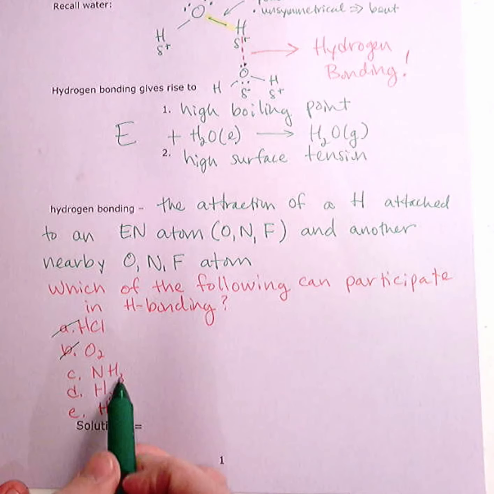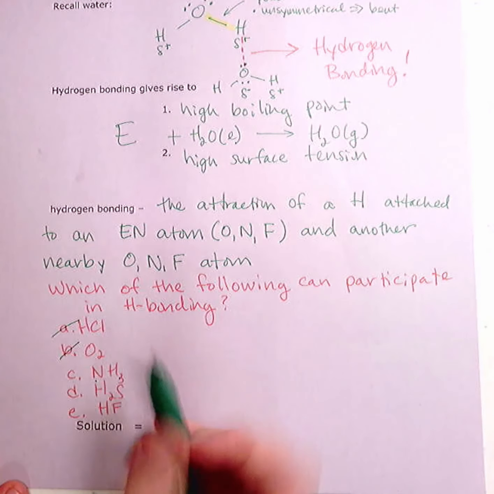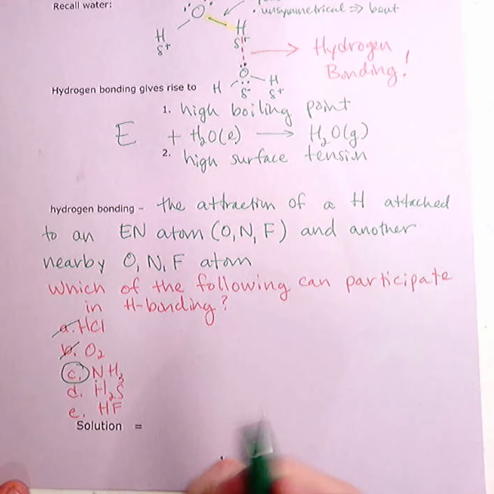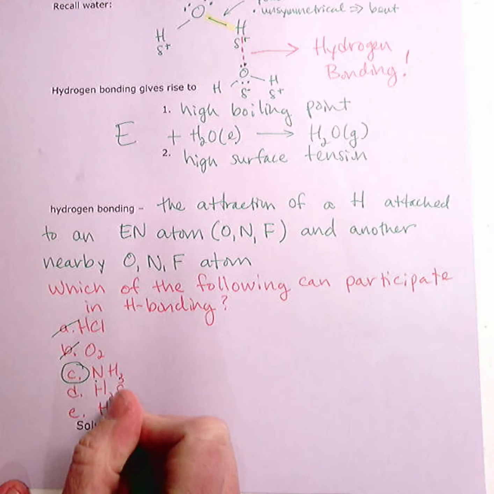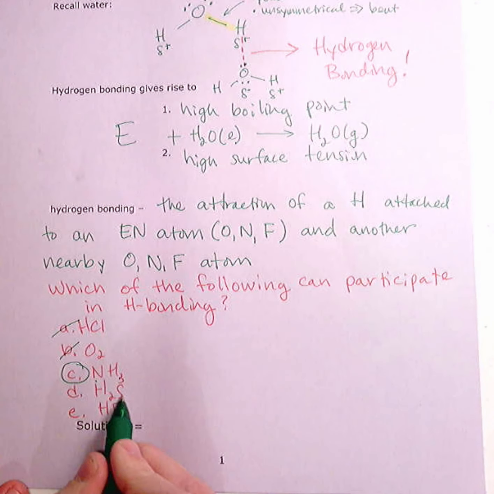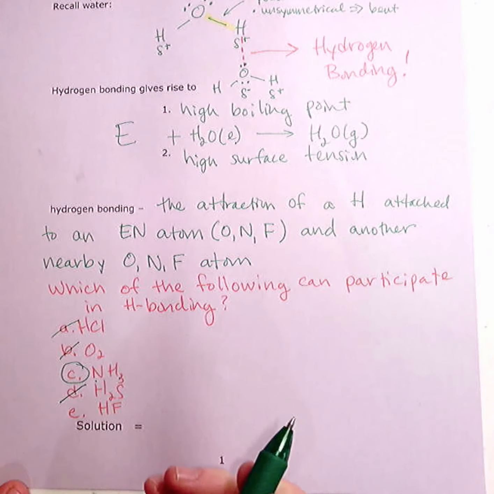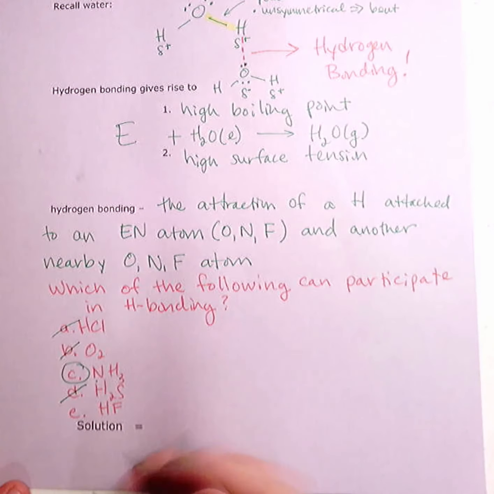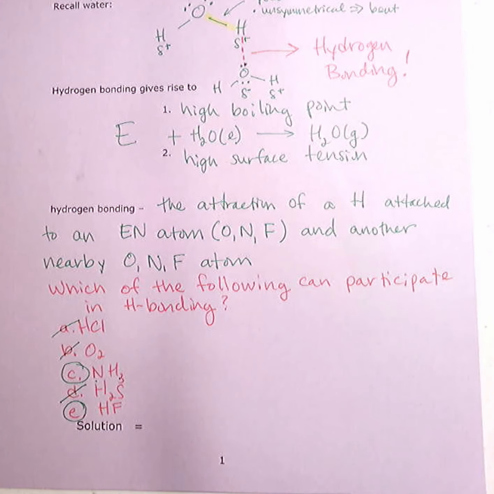C has a hydrogen and it has a nitrogen, so that satisfies the criteria, so yes. D, H2S, if it were anything other than S, but it's not, so you can eliminate that. And then E, HF, yes, that satisfies the hydrogen bonding requirement.